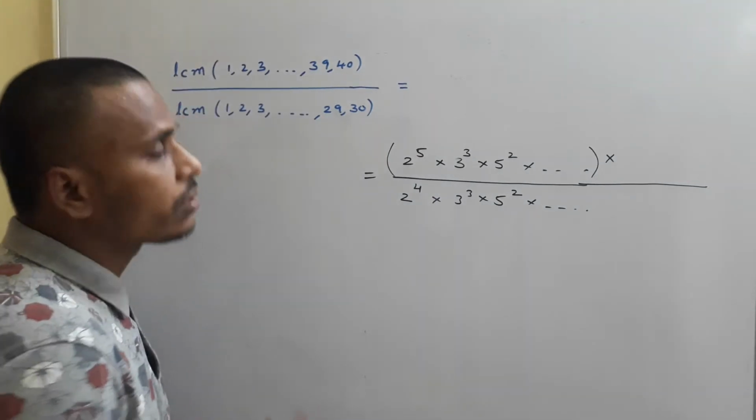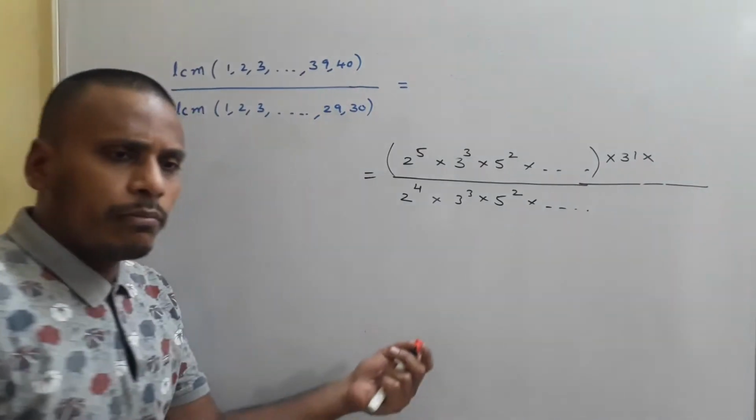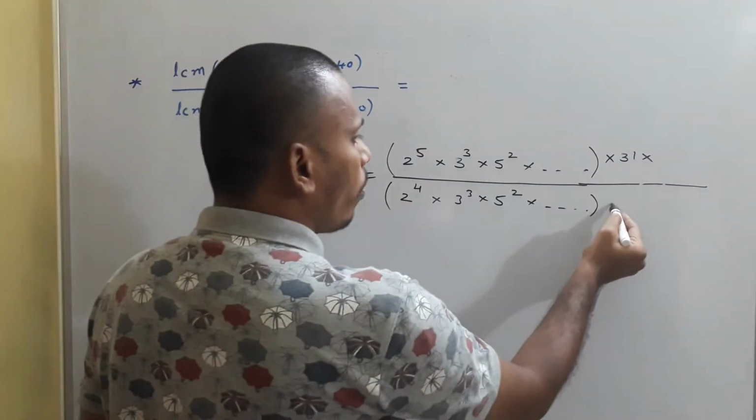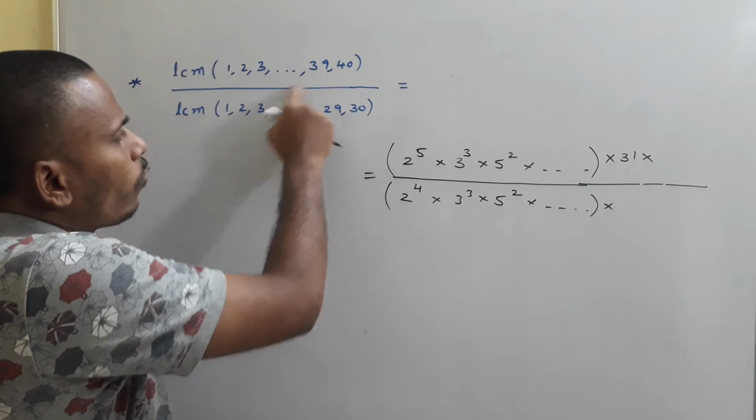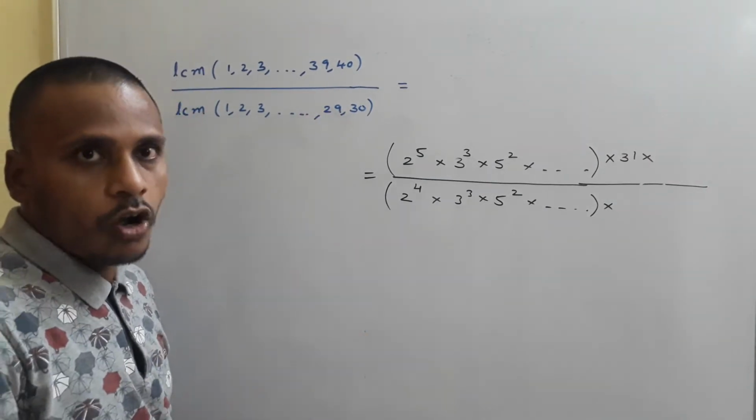What are those prime numbers? 31 is a prime number. You will get 31 in the numerator, but there is no chance of getting 31 in the denominator. The prime numbers between 30 and 40 you need to mention in the numerator, in the LCM.